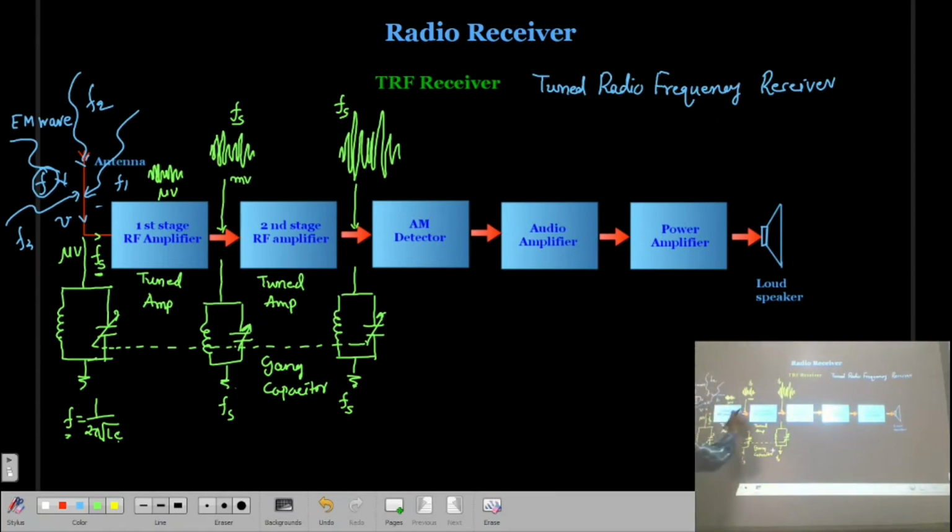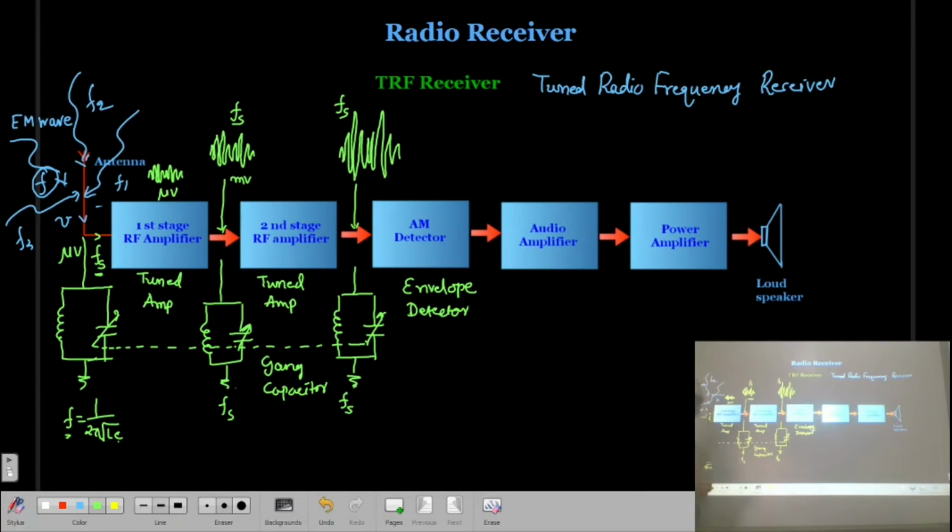After the proper amplification of your modulated wave, it is given to an AM detector. This AM detector is nothing but an envelope detector. What is the envelope detector?